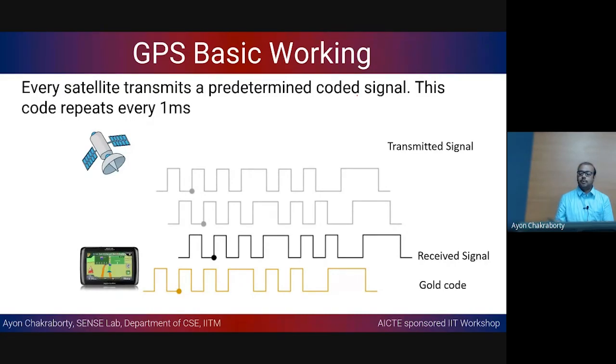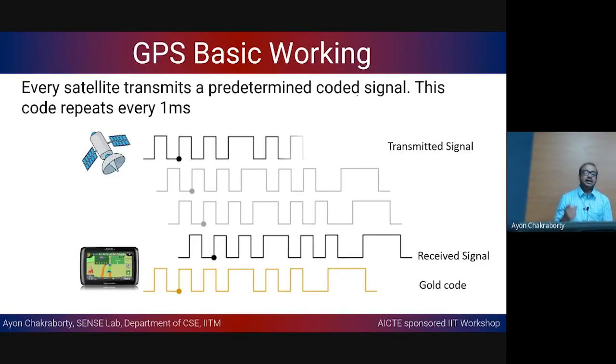The gold code is basically a copy of the signal that I already know the satellite is going to send me, and the satellite keeps on transmitting this signal. So whenever I receive the signal in my device, I can always try to see how the gold code matches with the received signal in terms of offset.